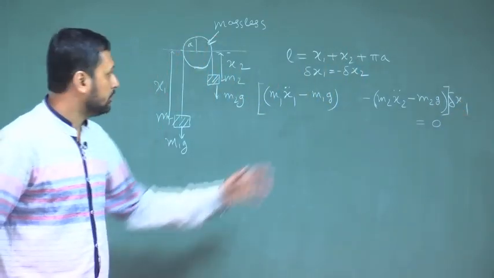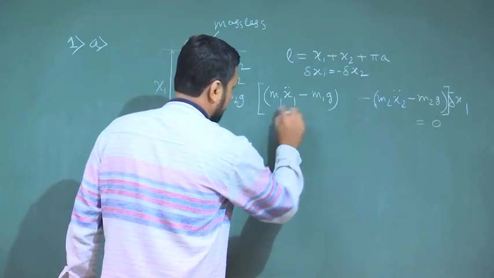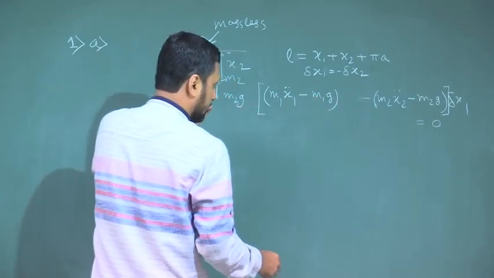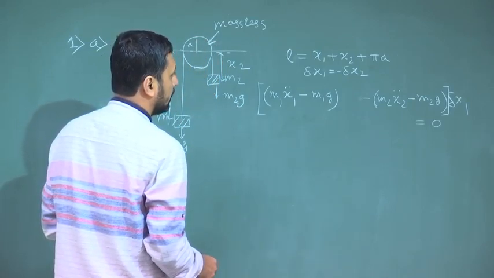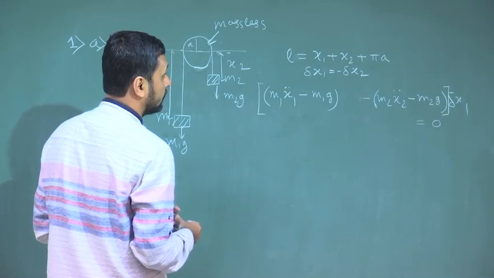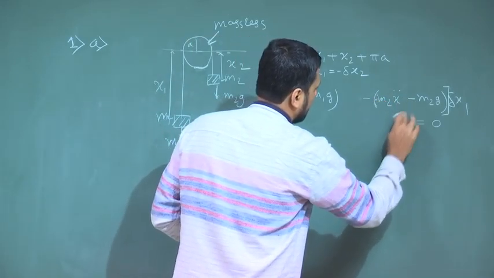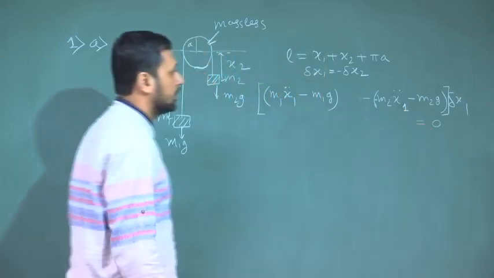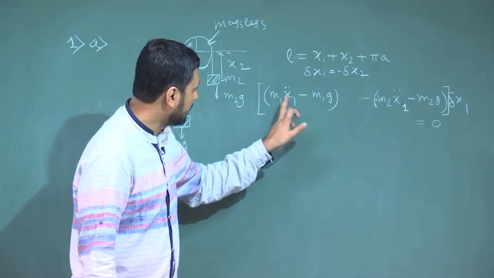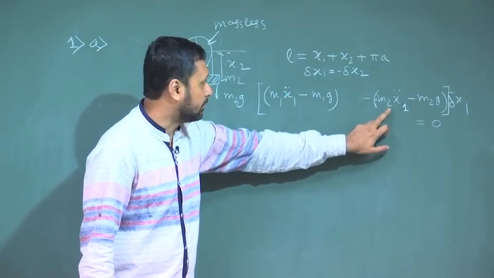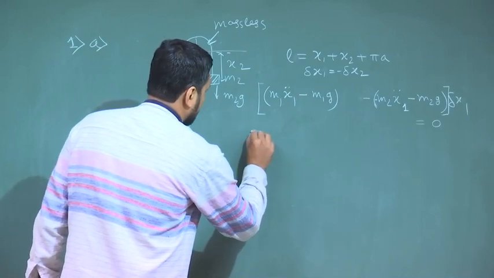So, you use this relation. There is a delta x2 also, which has to be merged with delta x1. If this is the case, then the x2 double dot will also have to be replaced. So, you do that.